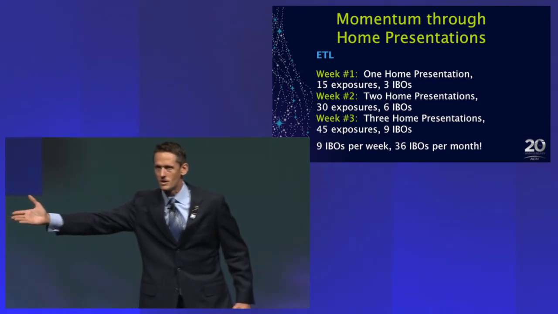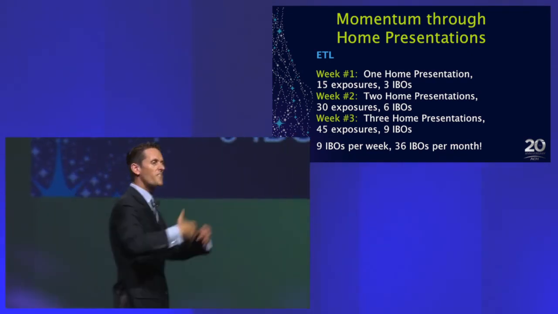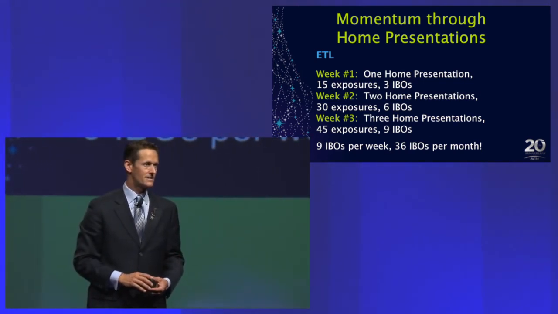Yes or no? Well, what if you do 4 home presentations where there's 15 people that show up? How many exposures is that? That's 60. So you're going to get more bang for your buck out of the 4 home presentations done efficiently, which means you help do the invitations, you do the hello calls, you stick around long enough to help people get started versus all of this craziness trying to do 10 or 12 or 14.